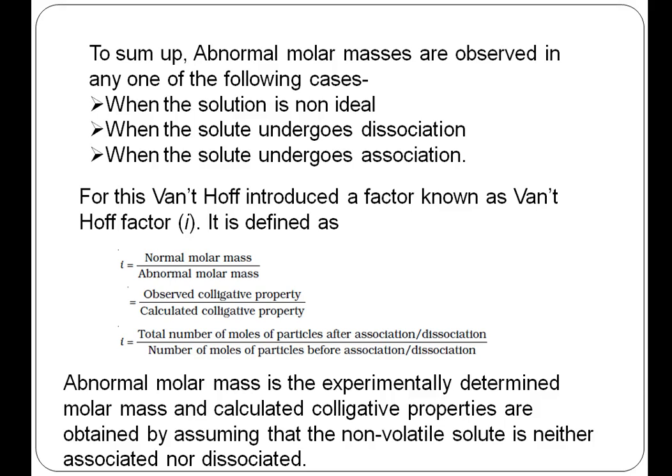Or it is equal to observed colligative property upon calculated colligative property. Or it can also be said to be equal to number of moles of particles after association or dissociation upon number of moles of particles before association or dissociation.